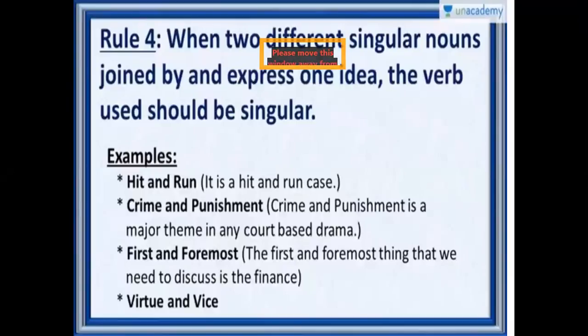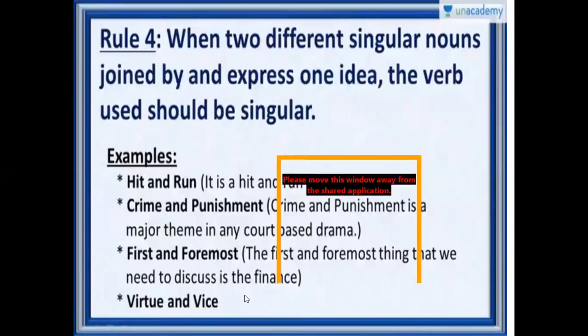Now, first and foremost, this is a commonly used phrase. "First and foremost thing that we need to discuss are" is wrong, because first and foremost represents the first one only. Both of them are representing only one. Therefore, you have to use "is".